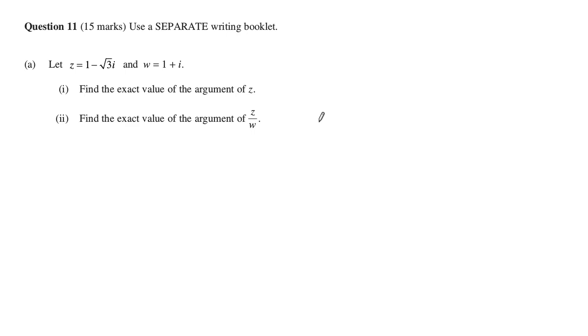Question 11a. So let's start this off by graphing z, where z is 1 minus root 3i, so we're across 1 and down root 3. So z's there. And the argument, well, we can see that it's negative.